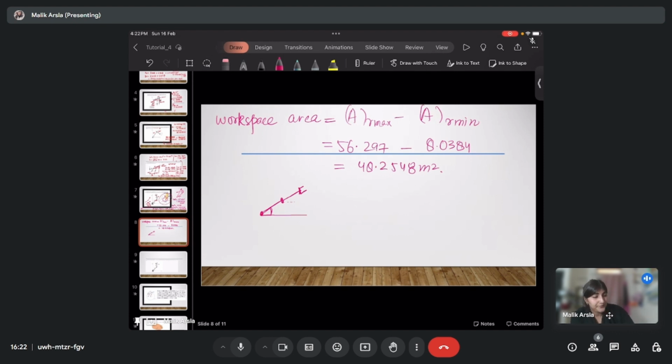So how do we calculate workspace? First we see, when the links are fully extended, up to which point it can reach. It can reach a maximum of L1 plus L2. It cannot go beyond that. So this end effector can reach up to this point, and like this circle it can trace, it will become its workspace.